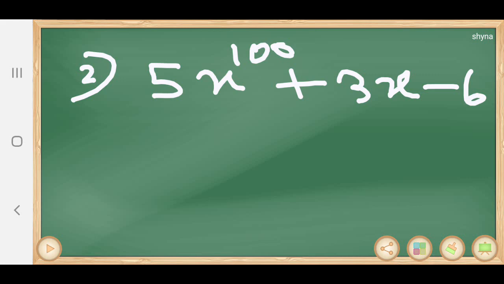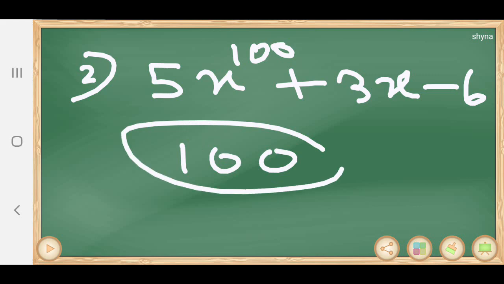Write the degree of the polynomial equals what? 100. Degree of the polynomial equals 100. Did all of you understand why it is 100? Here it is 100 and here 1, and 100 is greater. I think all of you understood the degree of the polynomial. While writing more problems, you will understand more.